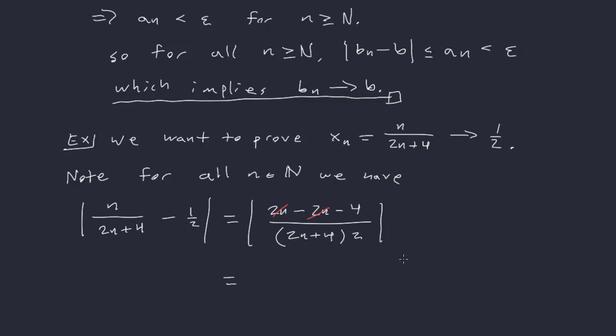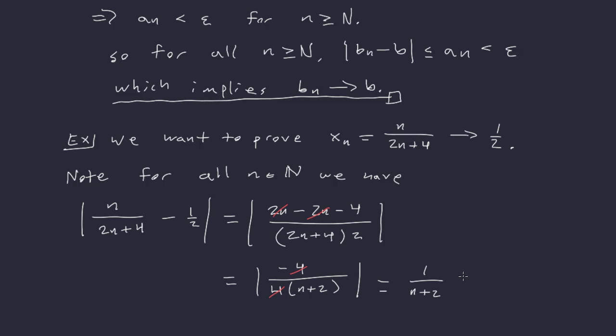The 2n's cancel, and we can factor a 2 out of here, so I'm left with -1 all over 4 times n plus 2. All right, and then since we're taking the absolute value, first of all, the 4's cancel, and then the absolute value will take care of that negative. So we get down to that this is basically just equal to 1 over n plus 2.